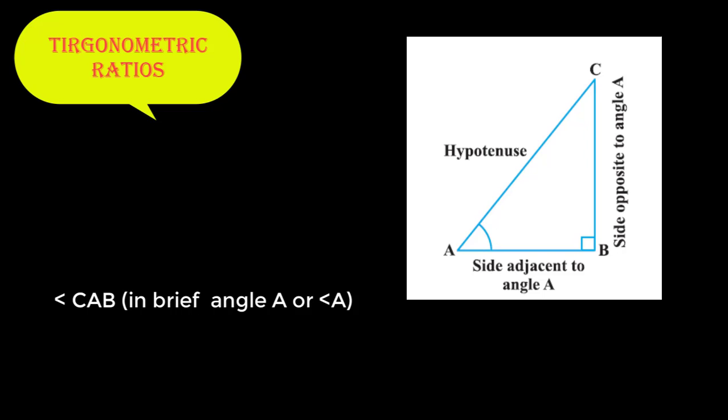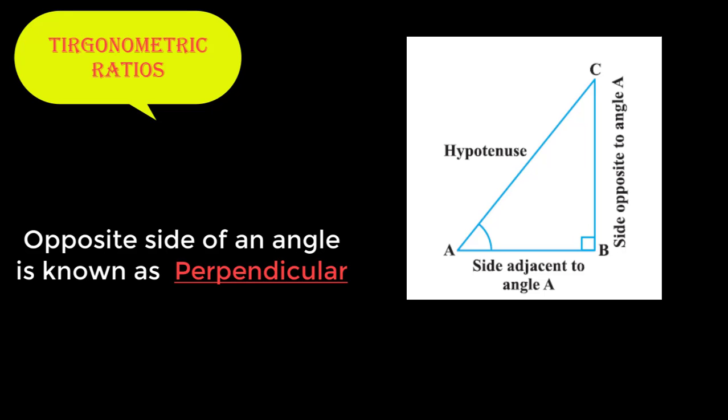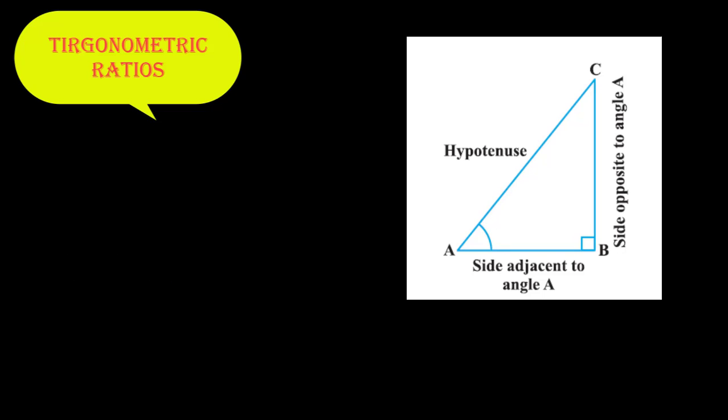Note the position of the side BC with respect to angle A. Here we can see that BC is just the opposite side of the angle A. The opposite side of the angle is the perpendicular in your right angle triangle. So if you are taking angle A, BC is your perpendicular, and angle A is formed on the side AB.